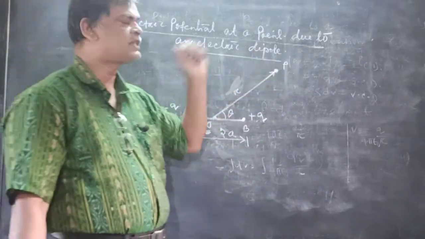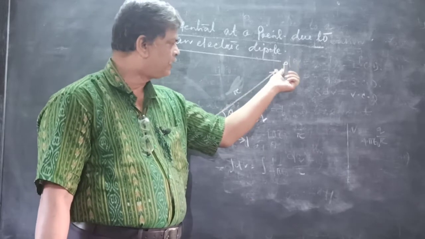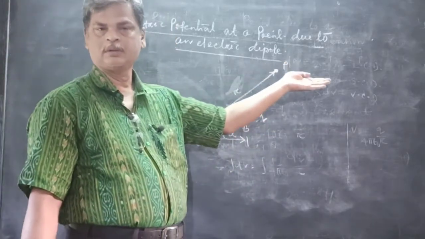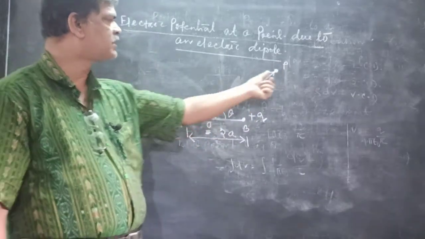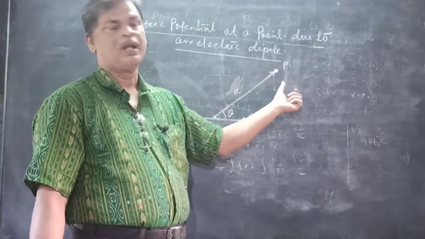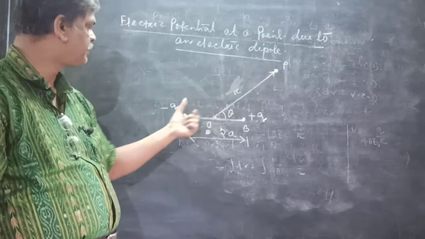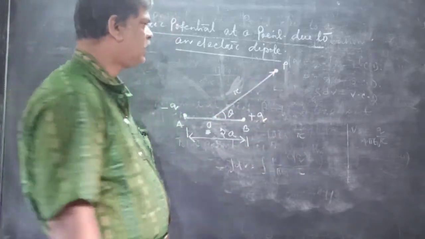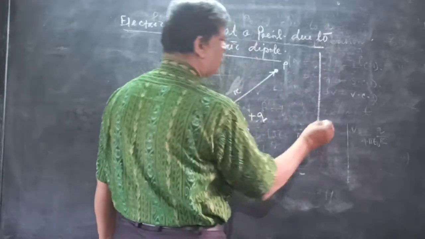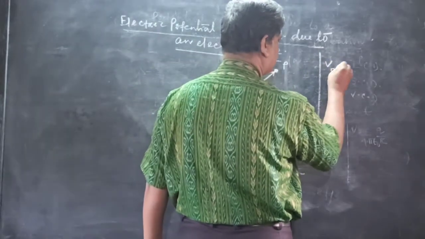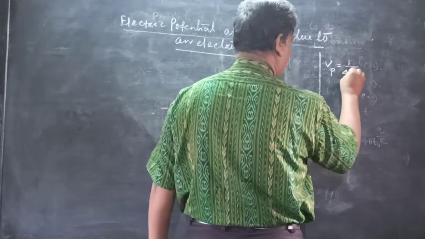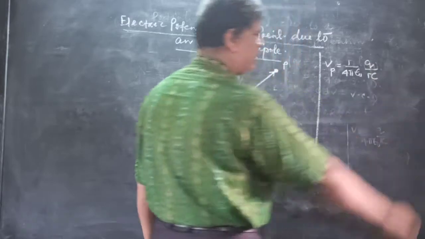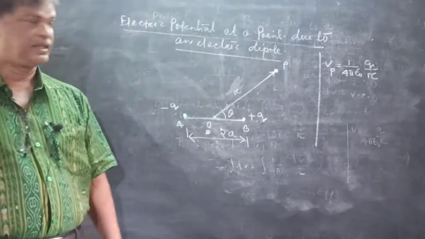Then to find the electric potential at P, see how many fields are there at P. There are two charges, so two fields are there. One is the field due to minus q, one is the field due to plus q. First we have to find the potential at point P due to minus q, and the potential at point P due to plus q. Then how can you find the potential at point P? It is 1 by 4 pi epsilon 0 q by r. q is the source charge that creates the field.